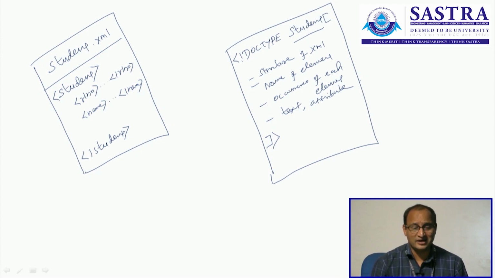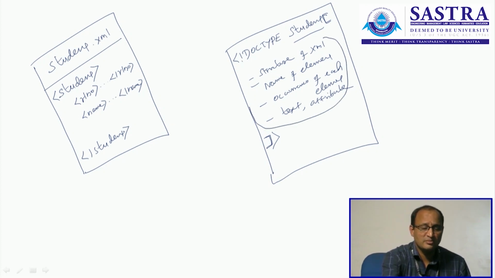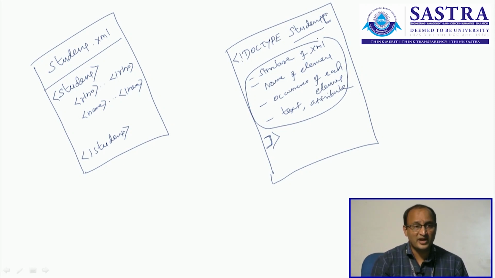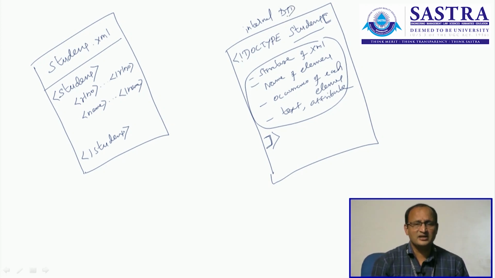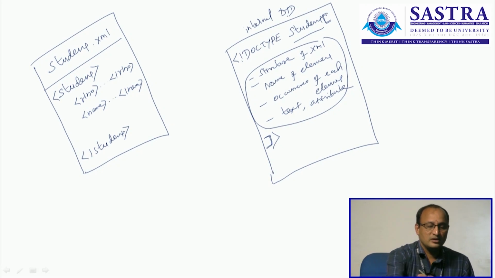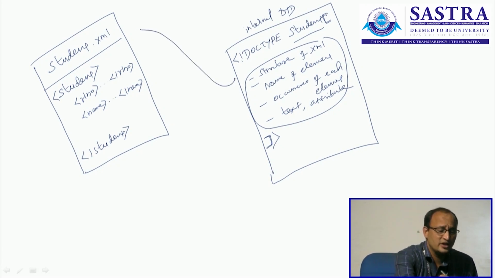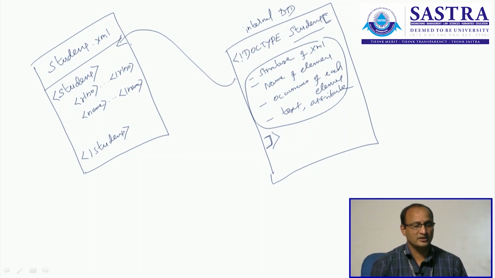So you can easily understand that within this opening square bracket and closing square bracket, I have to write the entire structure of the XML document. I need to write only between the opening and closing square brackets. Suppose it is an internal DTD, then the entire structure should be included within this XML document.